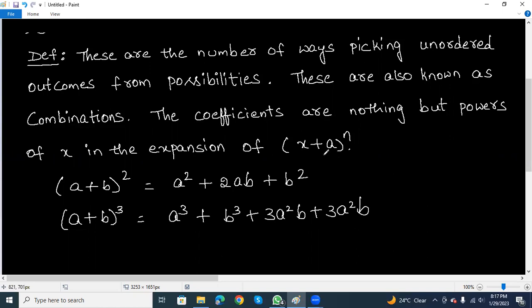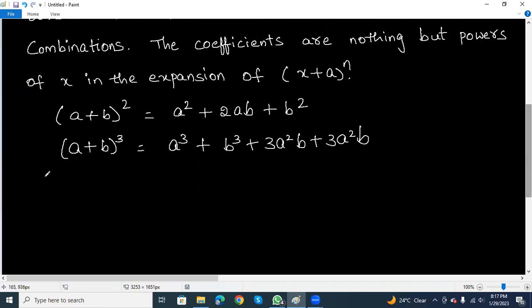By learning the binomial coefficients, we can expand a binomial expression which contains any power. For that we have a formula here: x plus a whole power n. So x plus a is a binomial expression, and here it has a power n. So how to write a formula for this?